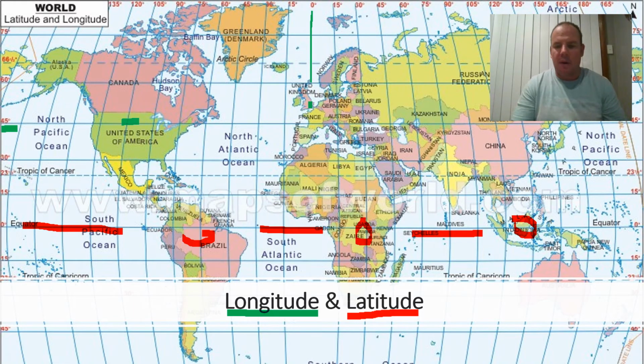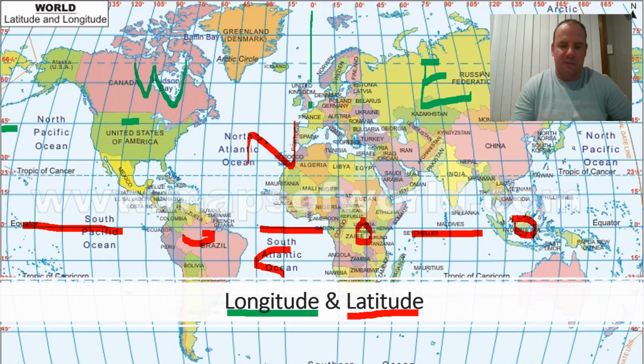So remember, we talk about latitude, north and south in degrees, longitude going down is east and west. So just remember that. So the Greenwich meridian, we separate the west and east, and then our equator is our north and south.